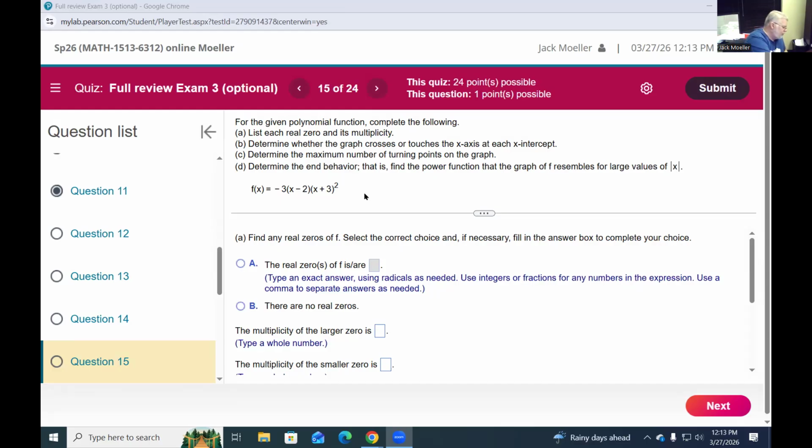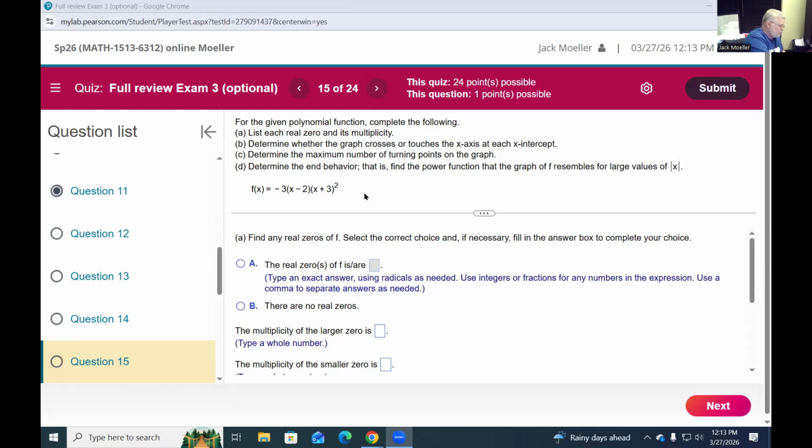This is my number 15. The f of x equals -3 times (x minus 2) times (x plus 3) squared. So the first thing is they want the zeros and the multiplicity. And the next one they want is the behavior.